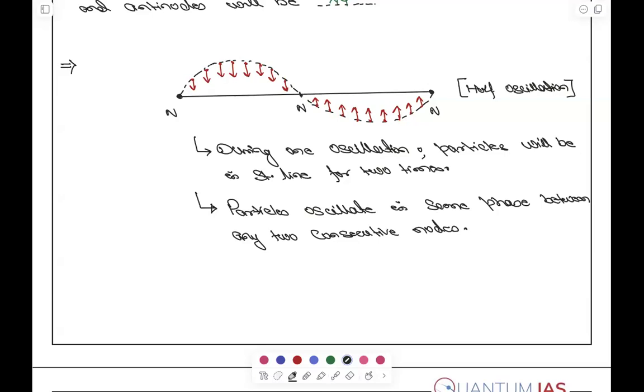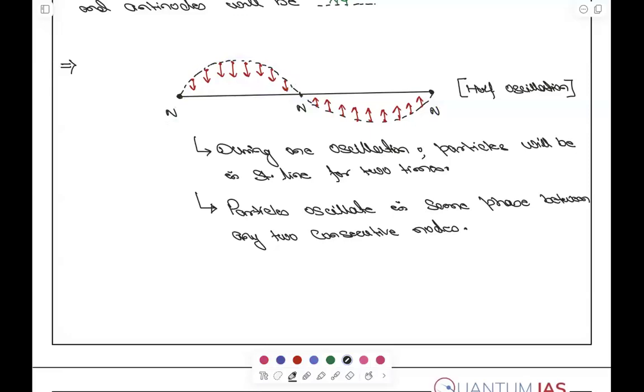Understand? This was my node. Again, this is my antinode, this is my antinode. Between the nodes, all the particles are coming down, same phase of oscillation. Here, all of them are going up, same phase of oscillation. Next, what will happen? Then they will come down, then go up. That doesn't matter. What matters is that particles will oscillate in the same phase. If we have two nodes, between these two nodes all the particles have the same phase. Here also the same phase.